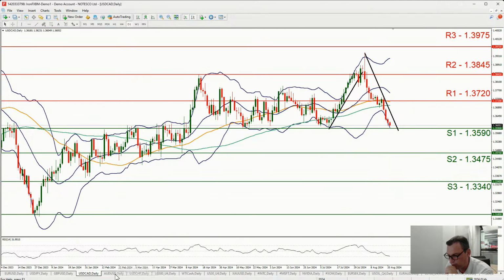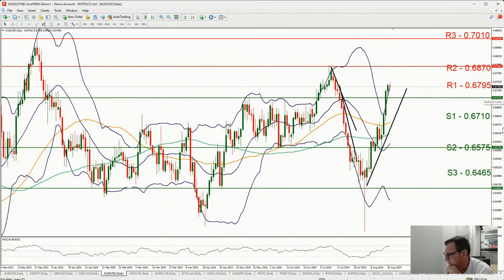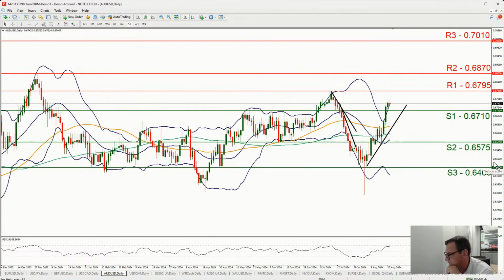Let's have a look at AUD USD. So AUD USD continued to rise yesterday. It's correcting a bit lower during today's Asian session, in contrast to the Canadian dollar, which continues to weaken.